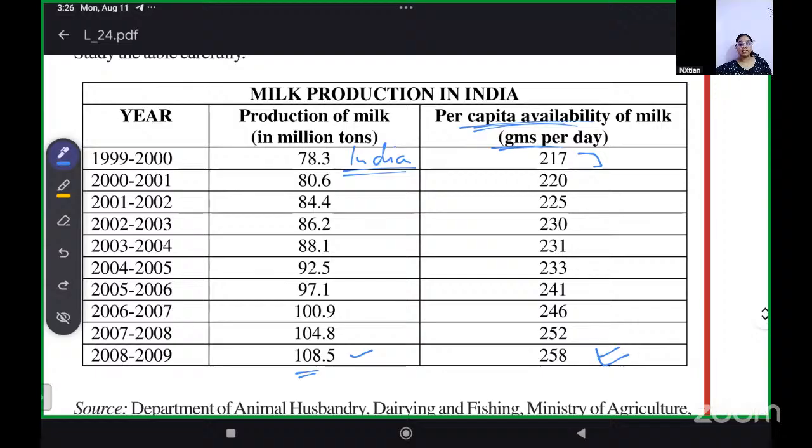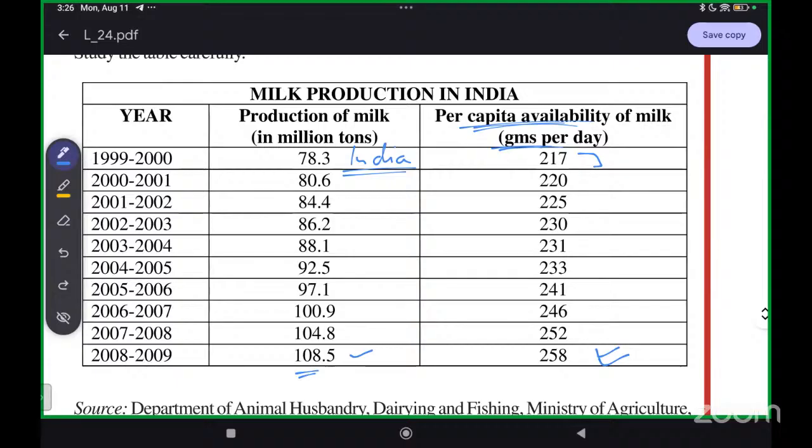From so many cows, because we also have a lot of cows. I'm not sure if India has the most cows out of all the countries, but we have lots of cows in our country.